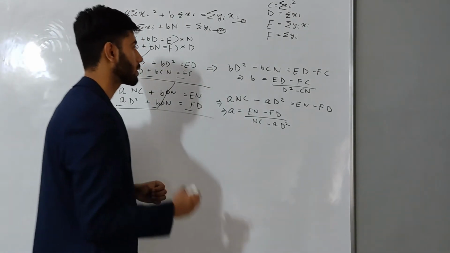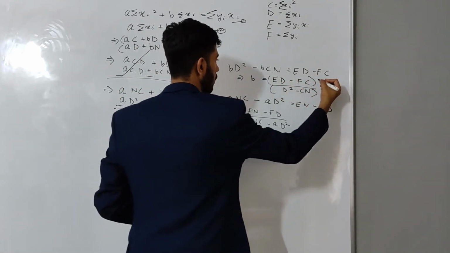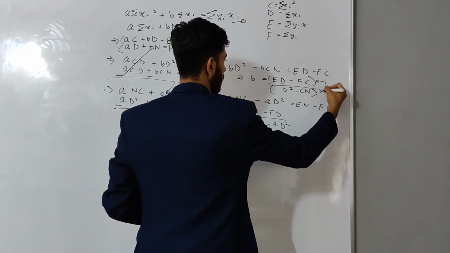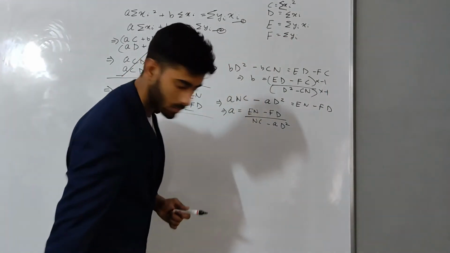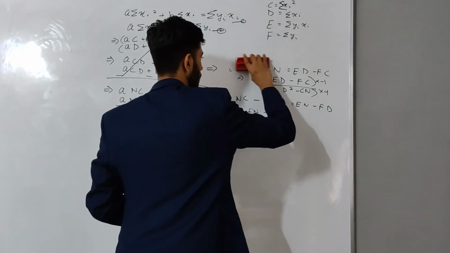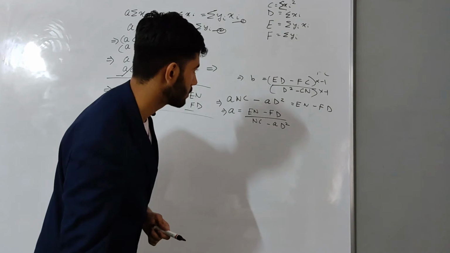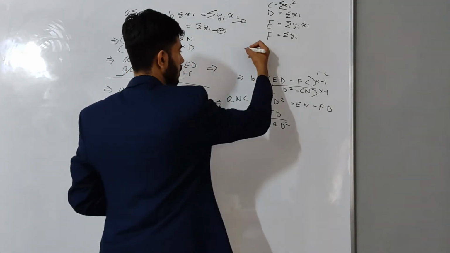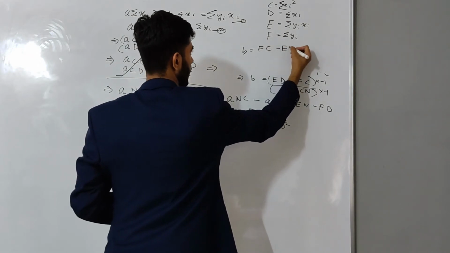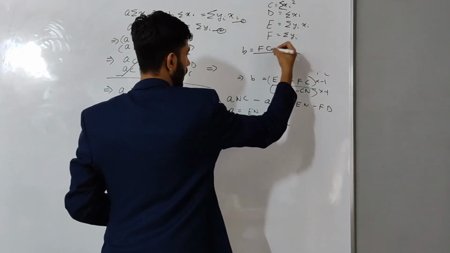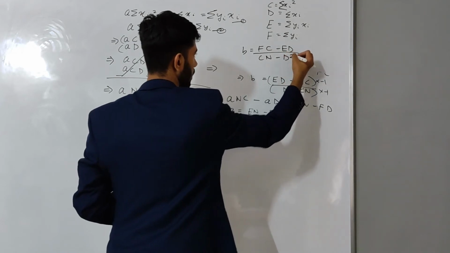So I'm going to multiply both sides, basically the numerator and denominator of b, by minus 1, so that I get the new value of b as fc minus ed divided by cn minus d square.